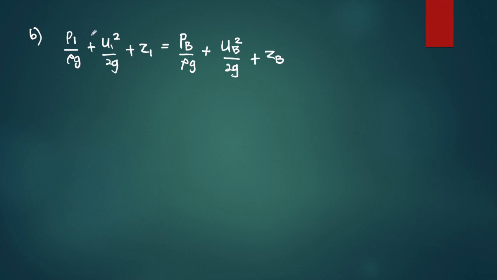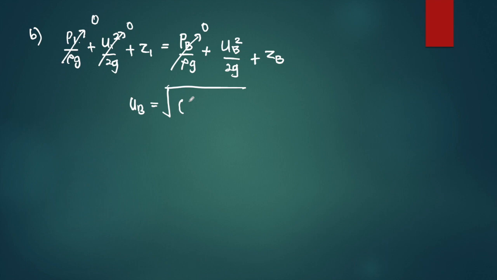So now we have to cancel out a few terms in your Bernoulli's equation. P1 is P atm, U1 also 0, so 0, 0. PB atmospheric, so it will be 0. So your equation will be the same as before, where you have UB equal to the square root of Z1 minus ZB, times 2g.